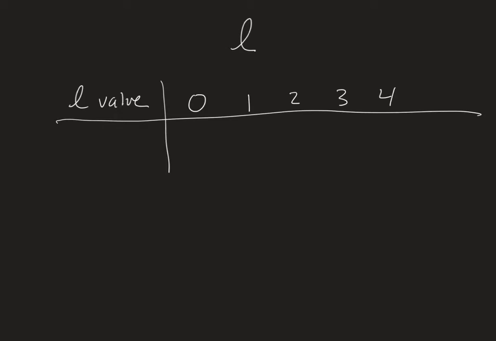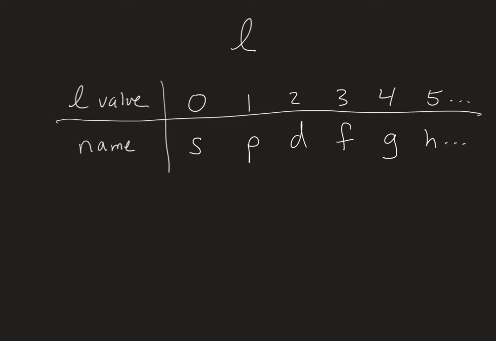The names that go with them are going to end up being the names of our atomic orbitals. For L equals 0, the name is s. For L equals 1, we call that p. For L equals 2, d. For L equals 3, f. And then we start going alphabetically after that: g. If L were equal to 5, this would be h, and so on.